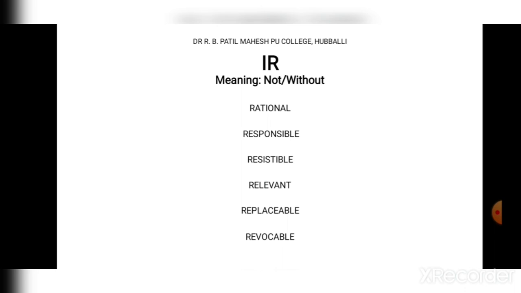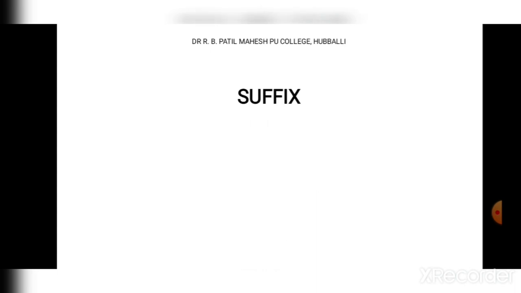So ir is used with the root words beginning with r. I hope you're following the tricks and also the explanation of these prefixes. So with ir, we come to the end of the prefixes.